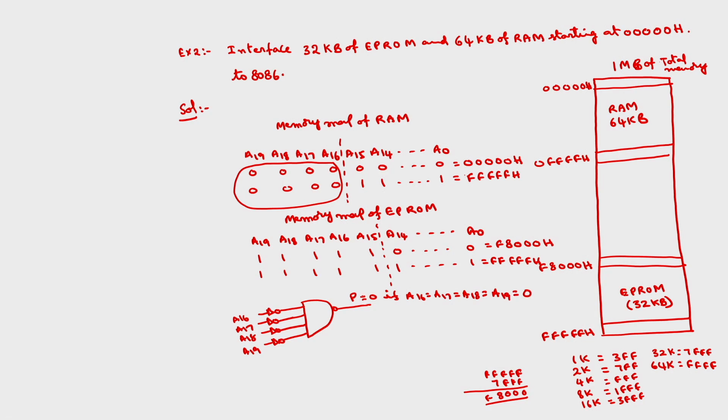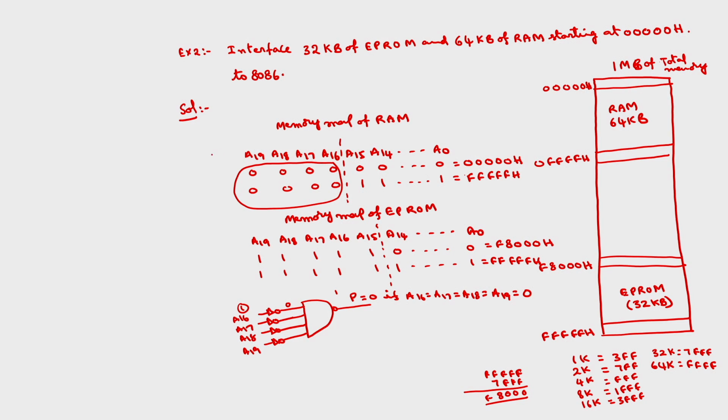Otherwise, P is equal to 1. If any one of A16 to A19 is 1, the output will be 1. Because if, say, A16 is equal to 1, this will be 0, and if one input is 0 for the NAND gate, output will be 1 regardless of the other inputs. So P is equal to 0 only if A16 to A19 are zeros.